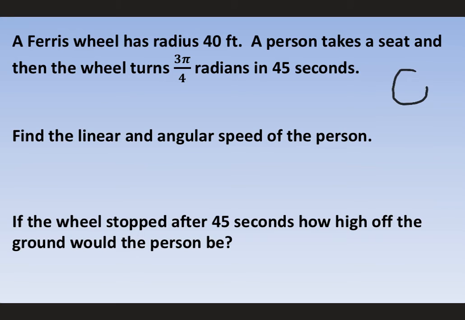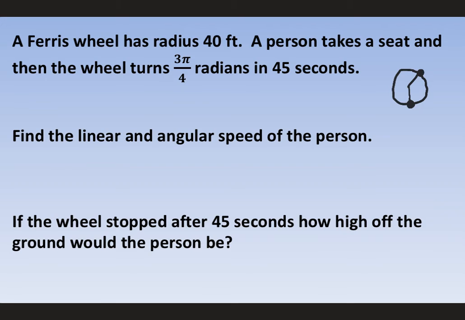So I'm going to draw a circle right here, and I'm going to explain that when you get on a Ferris wheel, you get on at the bottom. If you think about Ferris wheels, if you've ever been on one or seen one, you get on at the bottom. So we're going to start our circle a little bit differently here. So there's where the person gets on. They're going to travel on the Ferris wheel for 3 pi over 4. All right, so 1/4, 2/4, 3 pi over 4, you're going to be up here in this quadrant right here.